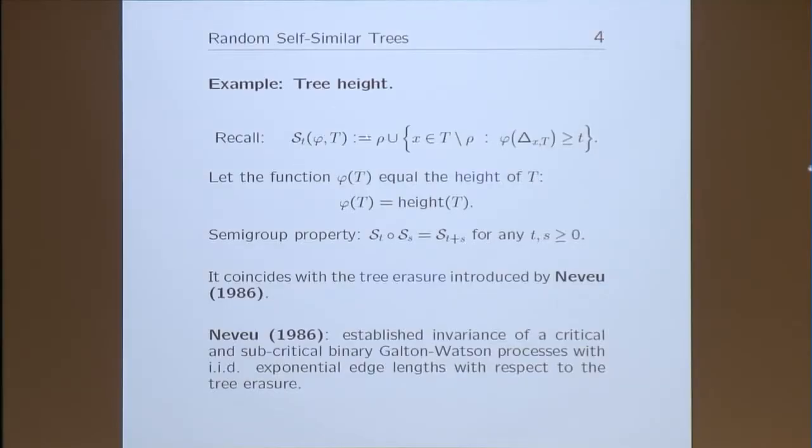Now, if we pick phi to be that height, actually the generalized pruning introduced on the previous slide coincides with the tree erasure procedure described by Neveu in his 1986 paper.